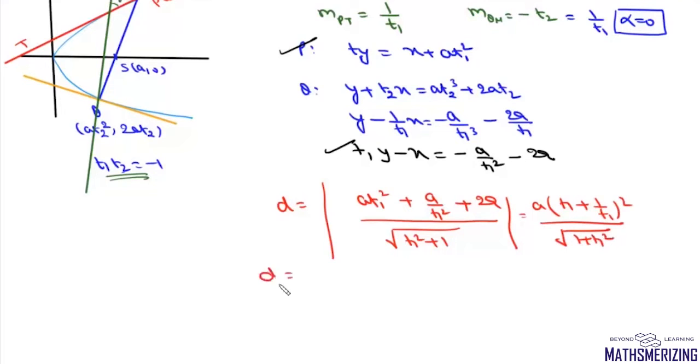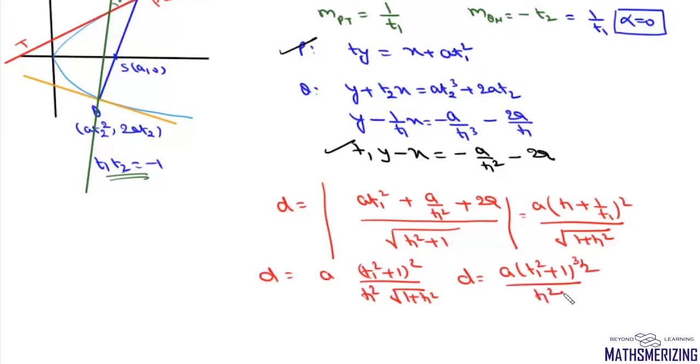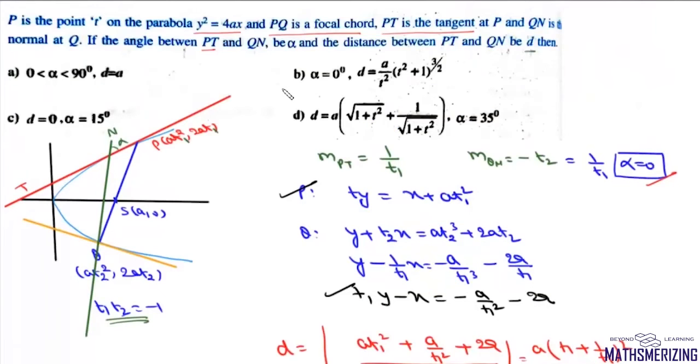So it will be a, t1 square plus 1 whole square upon t1 square and then under root of 1 plus t1 square. So we can write this distance as a, t1 square plus 1 to the power 3 by 2 upon t1 square. So value of alpha should be 0 and value of D should be a(t1 square plus 1) to the power 3 by 2 upon t1 square, which is your option number B.